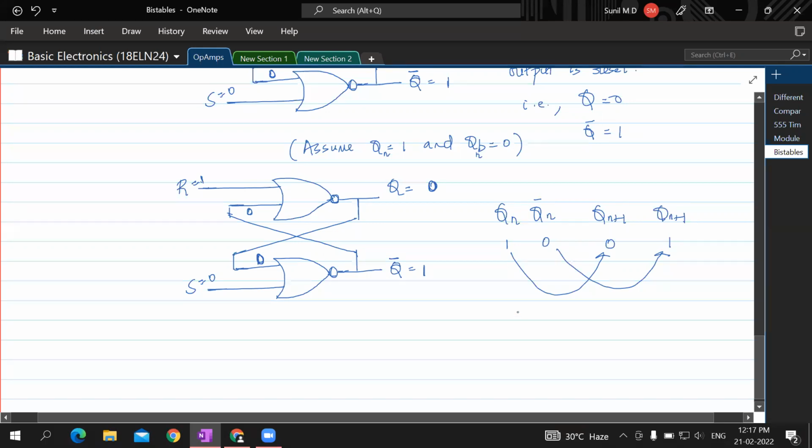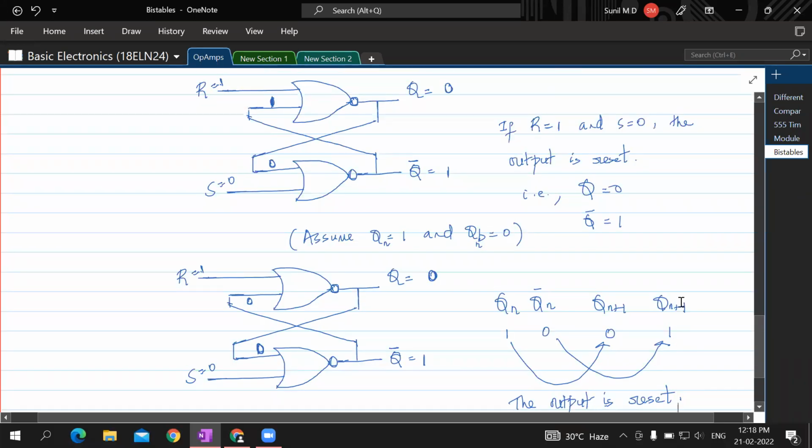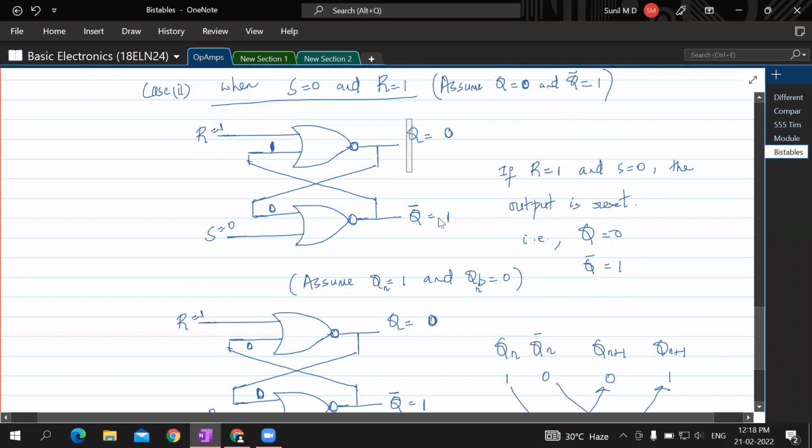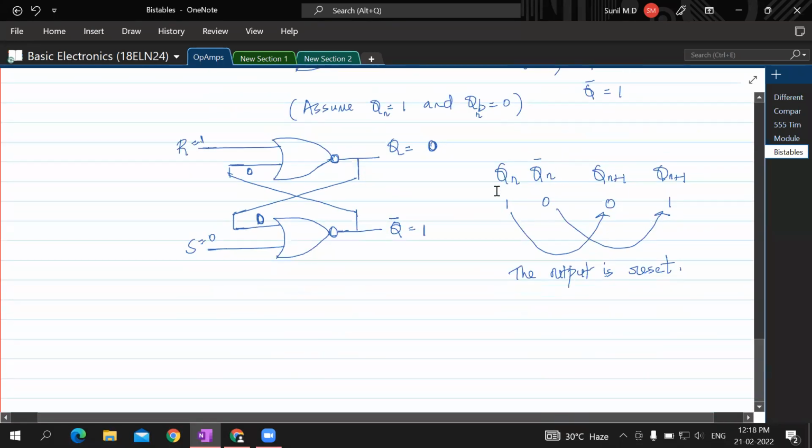So that means the output is reset. Understand that? Here anyways we had considered the reset output. So the same continued. Here we had started with Qn equal to 1 and Qn bar equal to 0. Fine, let me write it properly.